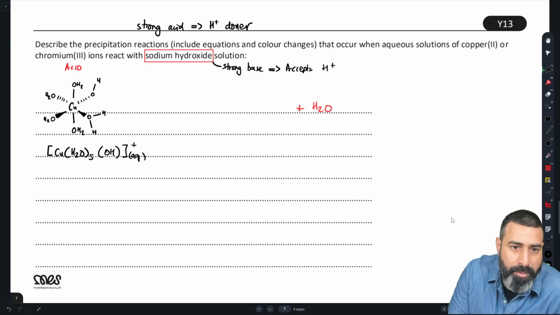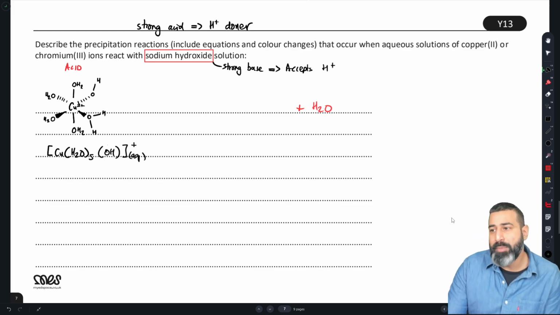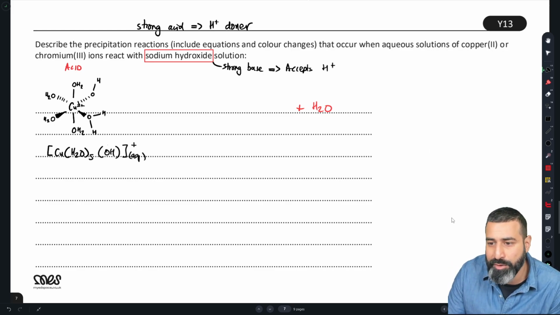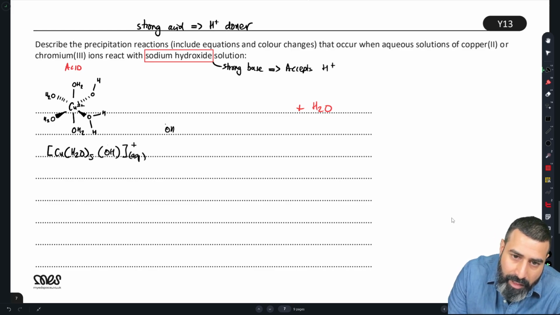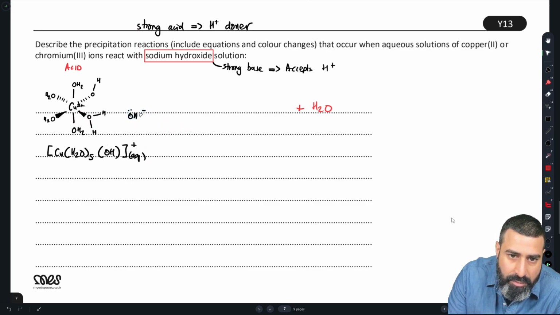Okay, so copper is 2+, OH is -1, 2 take away 1 is +1 so far. But what can happen is we can get another deprotonation. So another hydroxide ion can deprotonate in an acid-base reaction as such.